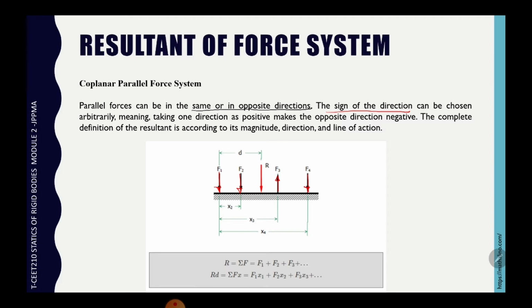So, ang formula is R is equal to summation of forces kasi nakaparallel siya to each other. Wala ng X and Y. So, F1 plus F2 plus F3. And the RD is equal to summation of forces along X. So, F1 times X1 plus F2 X2 plus F3 and X3.